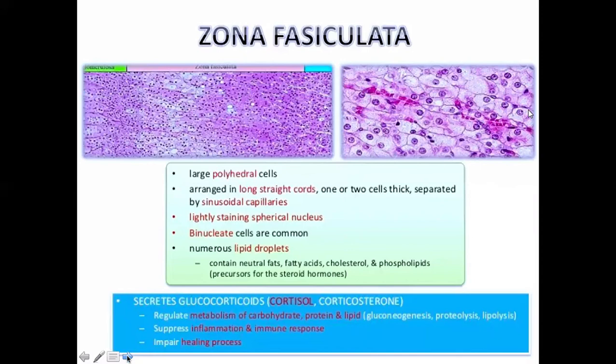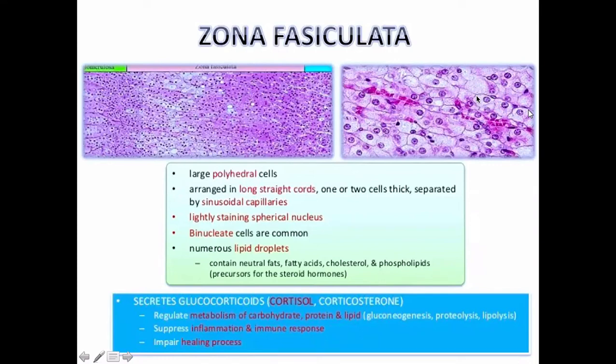Whereas your fasciculata, they are large polyhedral cells arranged in long straight cords. And they have a lightly staining spherical nucleus, and binucleate cells are common. And they have numerous lipid droplets. Kaya if you look at the cells, parang clear because they have a lot of lipid droplets.